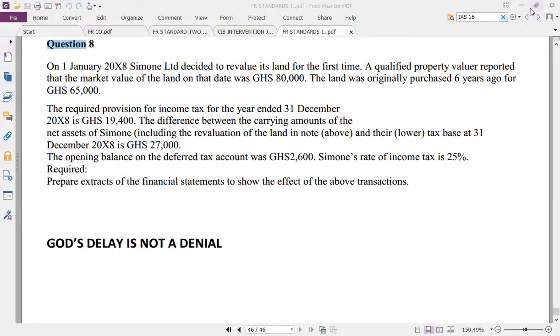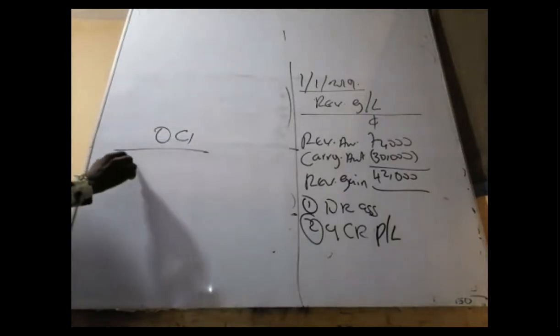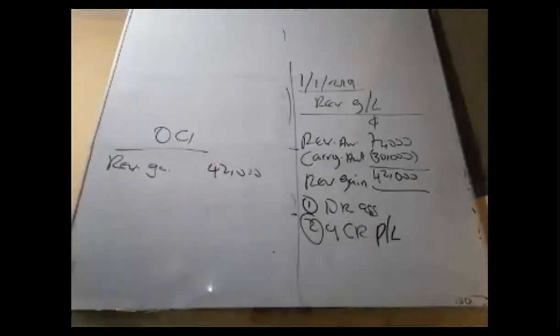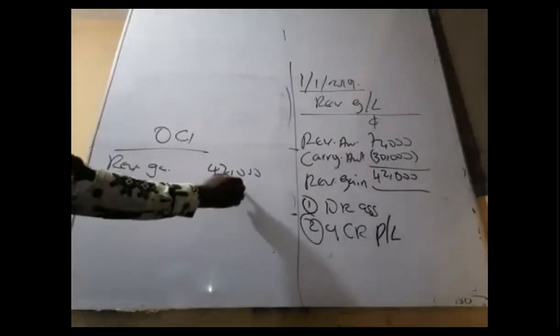Okay, so we are saying that wherever the revaluation difference is being reported, the respective tax must follow it. So if the revaluation is going to OCI, you write revaluation gain, maybe it's 42,000, and deferred tax on it, 20%, 8,400.